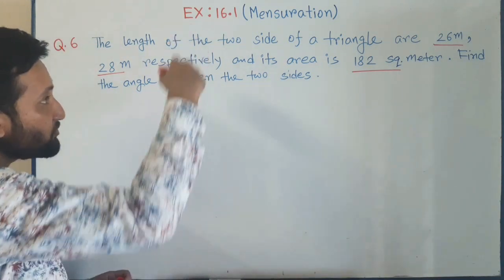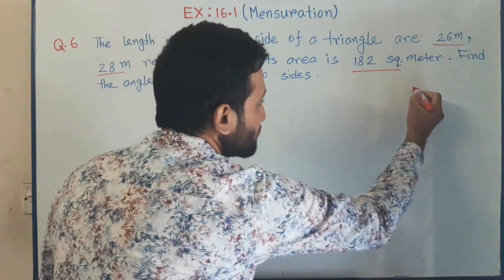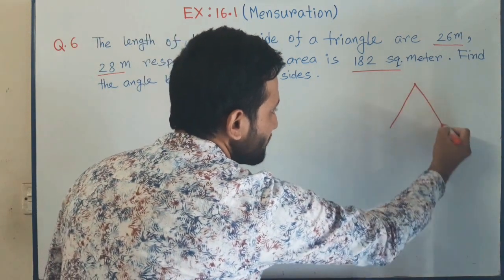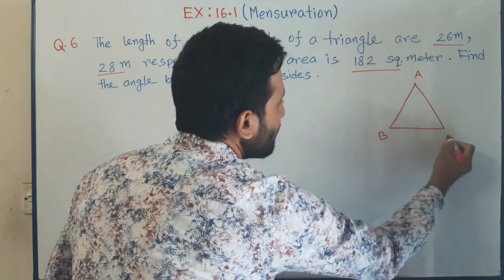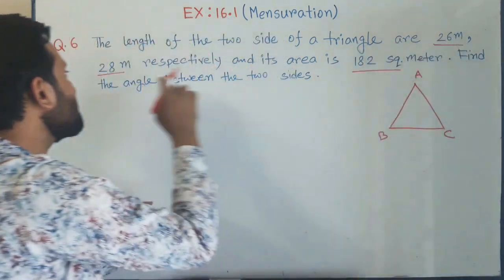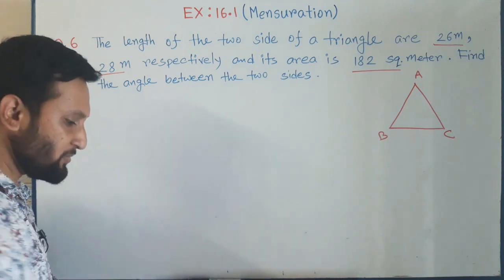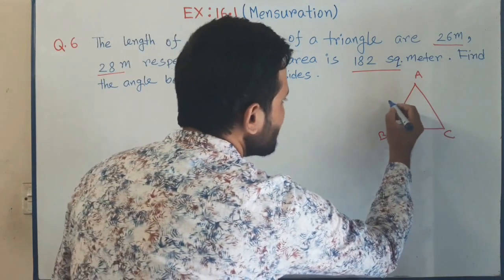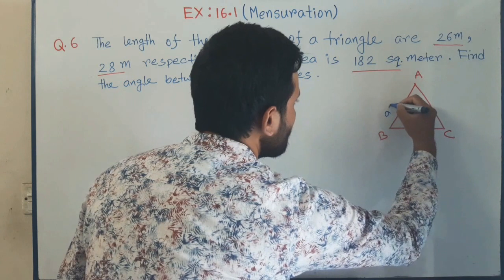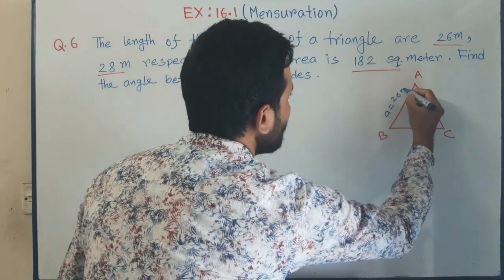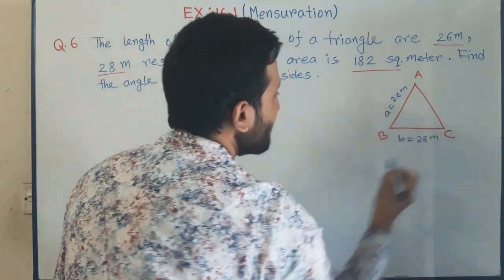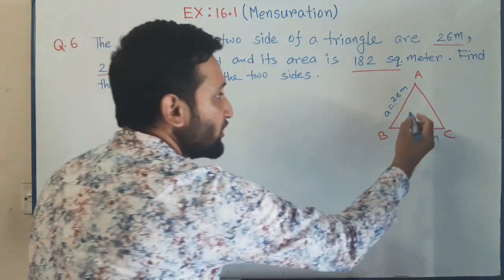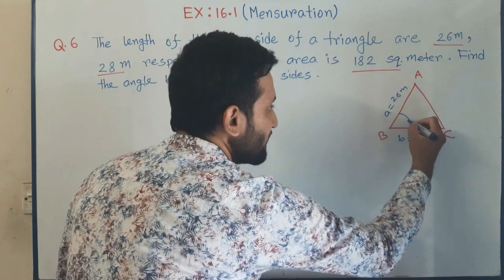So for this question, at first draw a figure like that. Suppose ABC is a triangle where two sides are given, one side 26 and another 28 meter. Imagine one side A equal to 26 meter, and another adjacent side B equal to 28 meter, and the included angle between the two adjacent sides is theta.